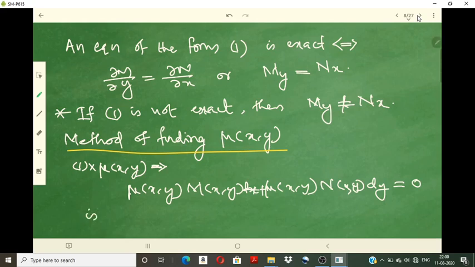So by the definition of exactness, we can write the partial derivative with respect to y.